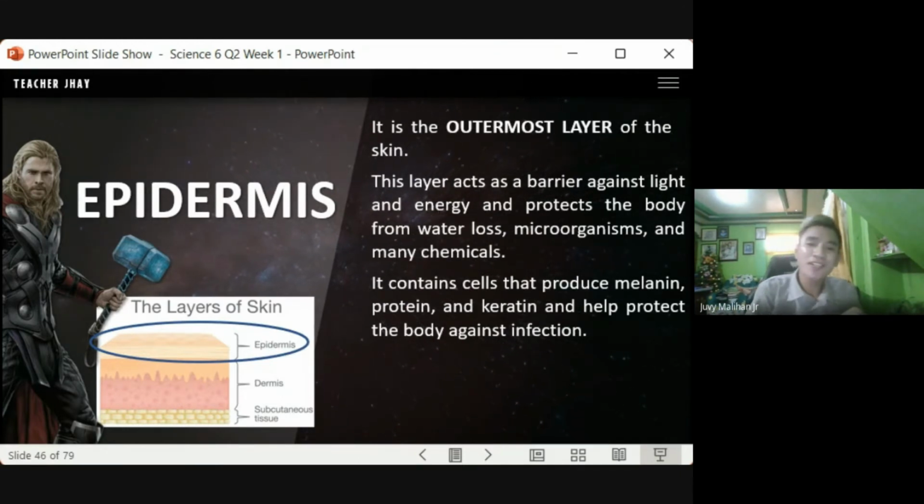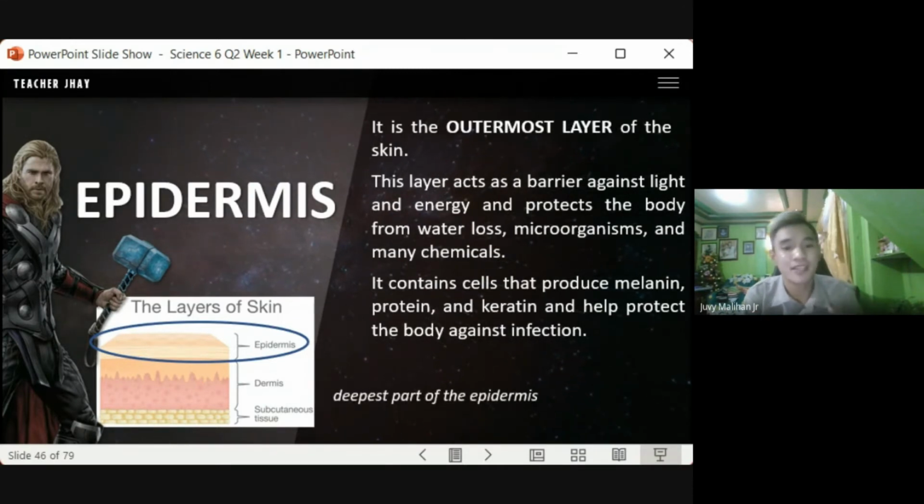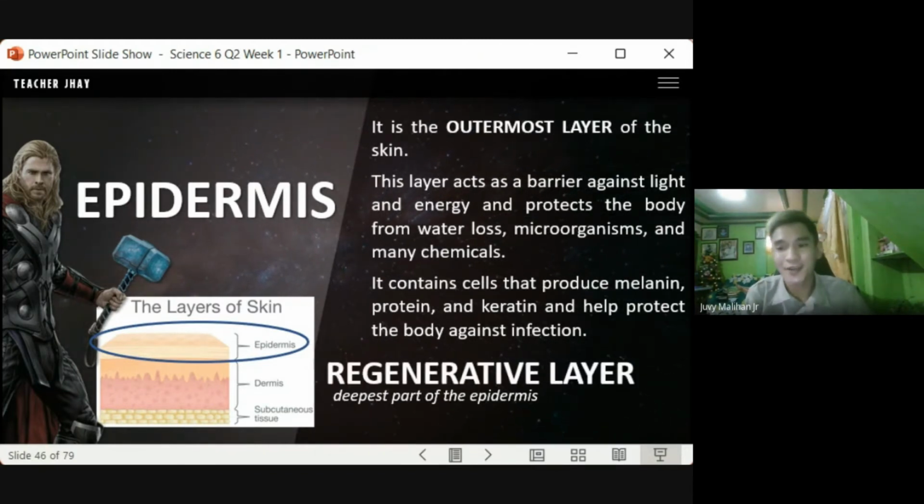We also have the deepest layer or part of the epidermis. What is this deepest part of the epidermis? That is what we call the regenerative layer. Again, the deepest layer of the epidermis is the regenerative layer, which generates new cells that can give rise to all other cell layers in the epidermis.